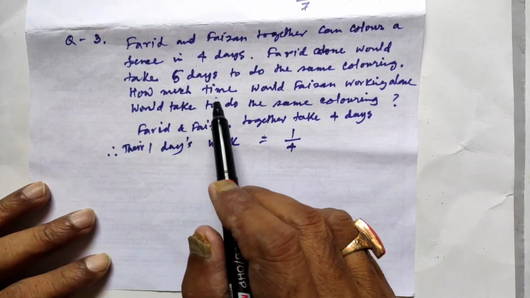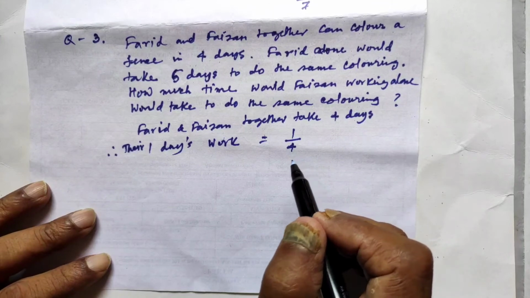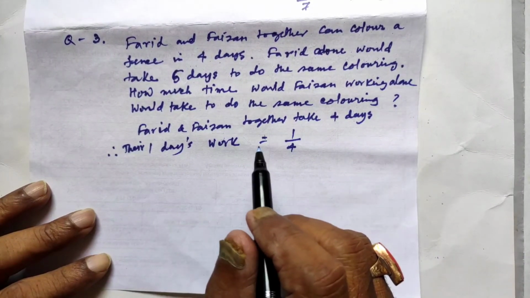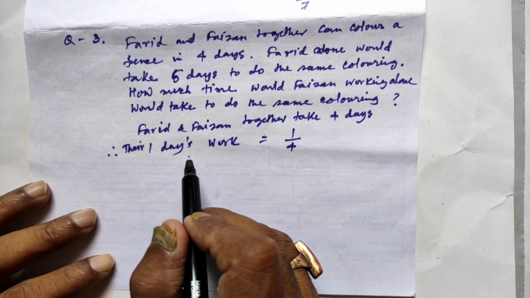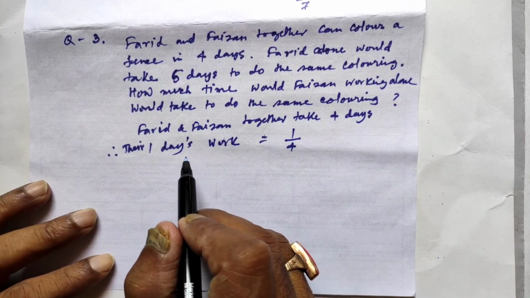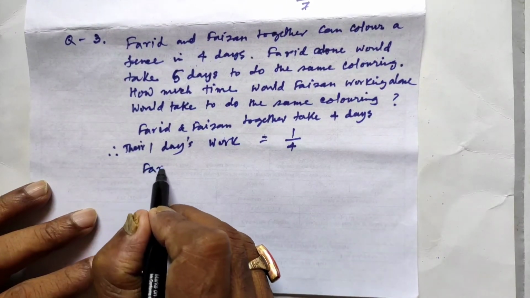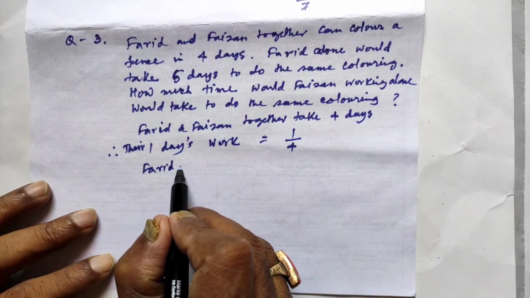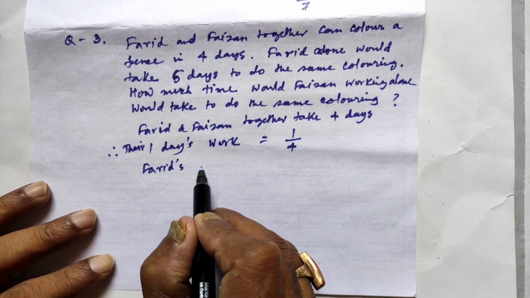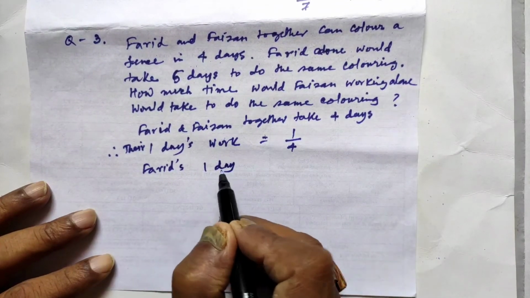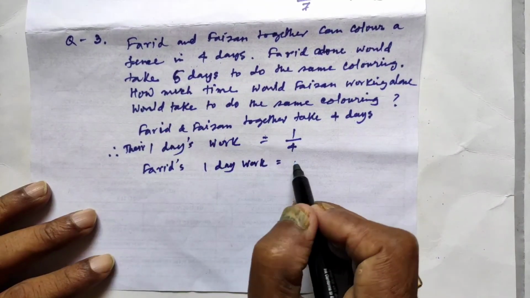How much time would Faizan working alone take? Here, Farid's 1 day's work equals 1 by 5.